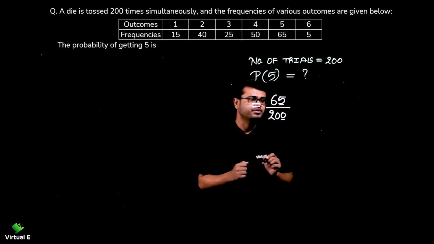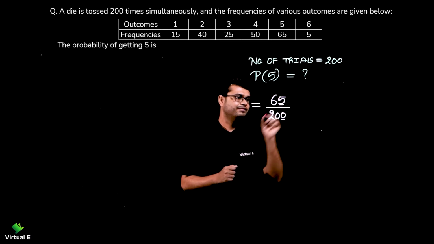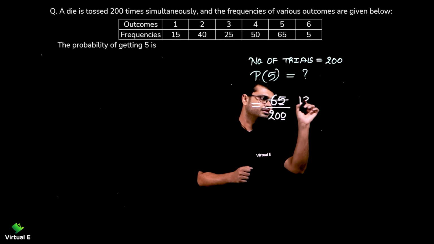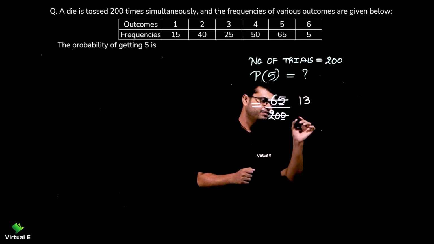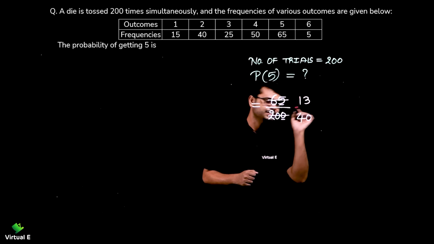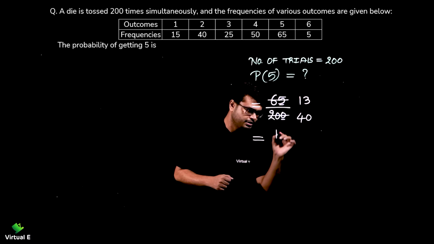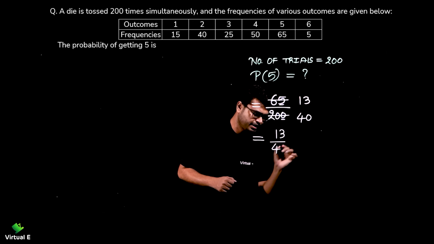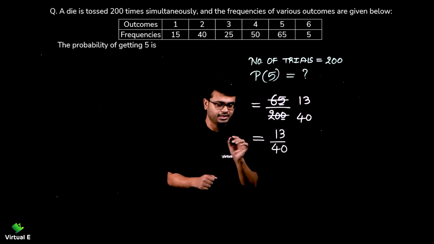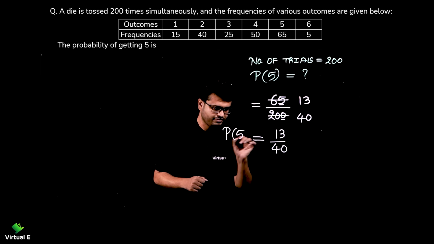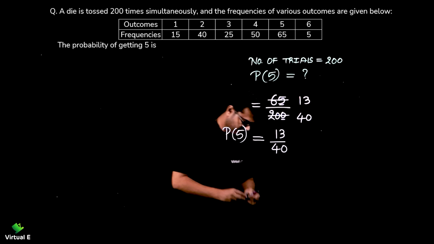That's the condition for divisibility of 5. Here 5 13s are, here 5 40s are. So 13 by 40 is the probability of getting 5 for the given question.